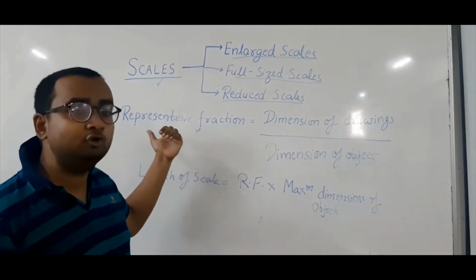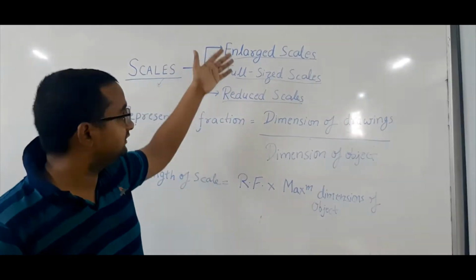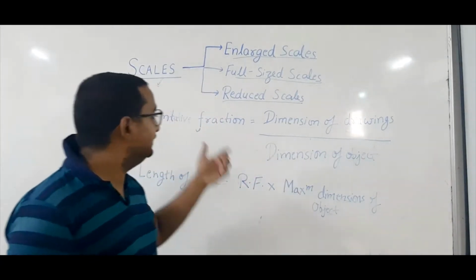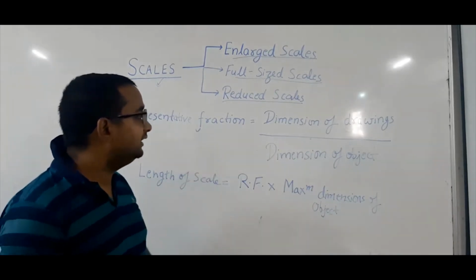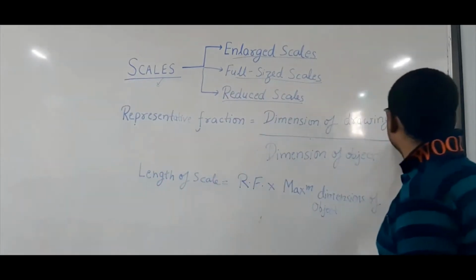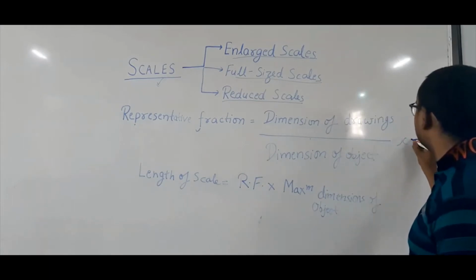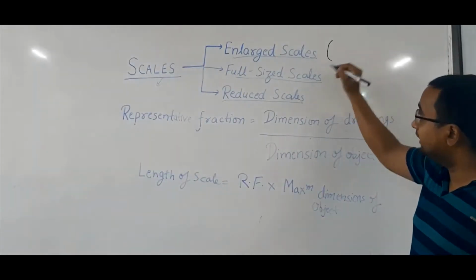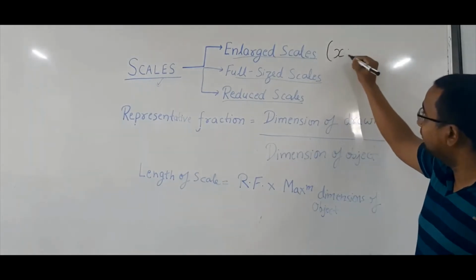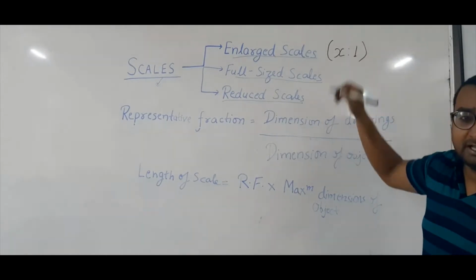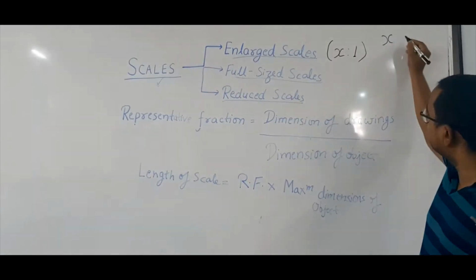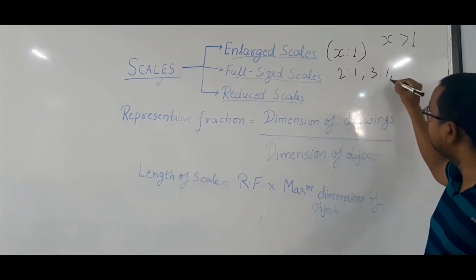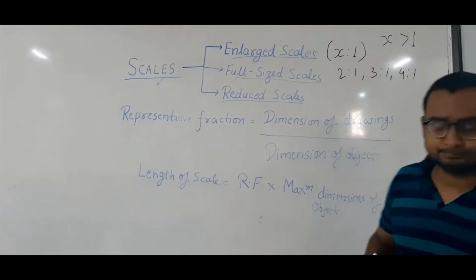If I have to determine the representative fraction for these types of scale, then in case of large scale, the representative fraction will be given as x ratio 1, where x can be any number greater than 1, like 2 ratio 1, 3 ratio 1, 4 ratio 1, and so on.